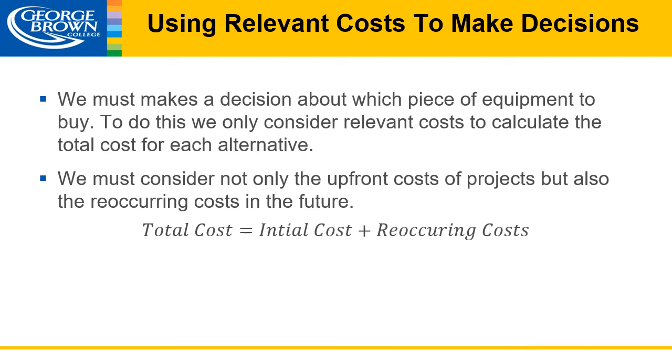To do this, we don't just consider the upfront costs of a piece of equipment. We also need to consider the reoccurring costs that exist in the future. As a result, our total cost is equal to the initial cost of the equipment plus the reoccurring costs that are going to be incurred over the course of the equipment's lifetime.